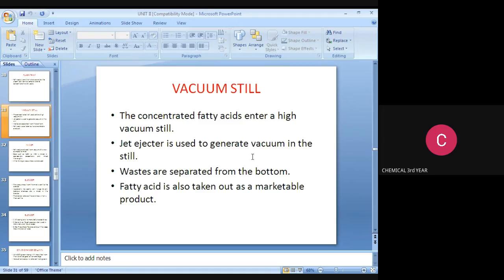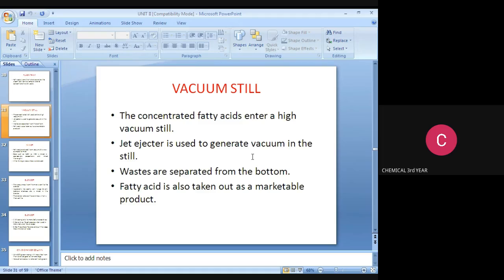Wastes are separated from the bottom. Fatty acid is also taken out as a marketable product. In the vacuum still, we are obtaining fatty acid as a marketable product.